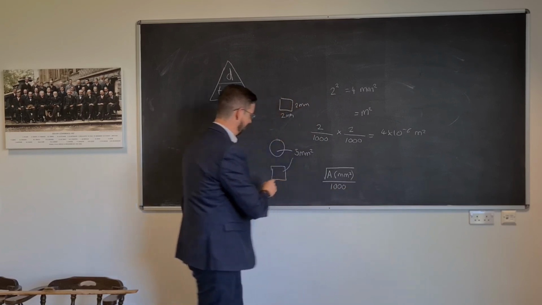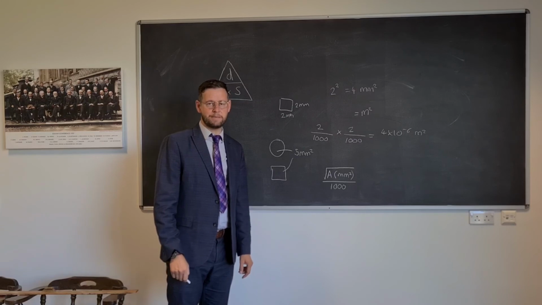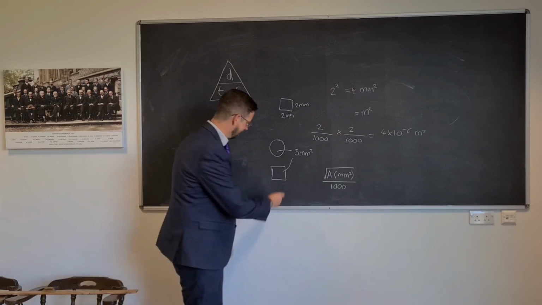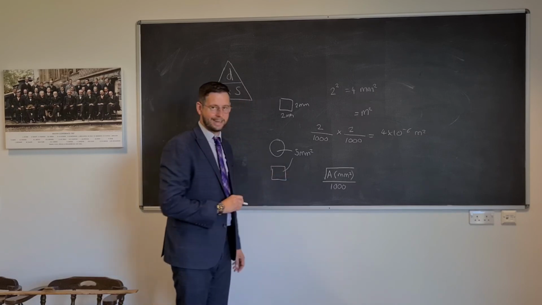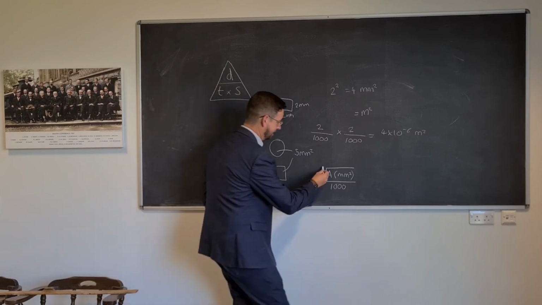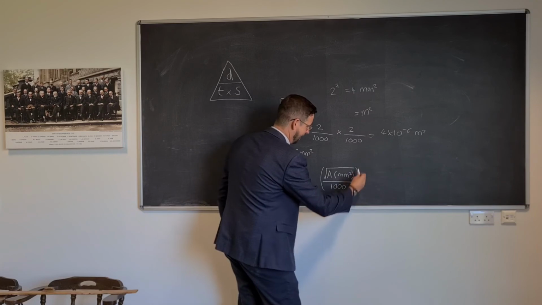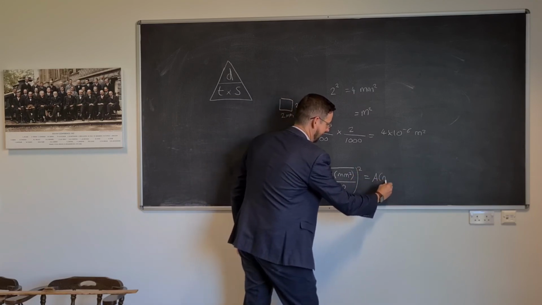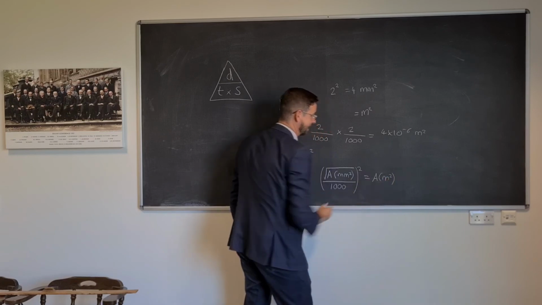That would tell me what these two would be. But to work out the area in meters squared, I need to now multiply that side length and that side length. And so what I need to do is take this whole formula and square it. And this would give me my area in meters squared.